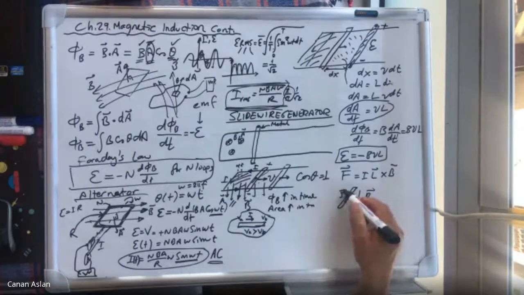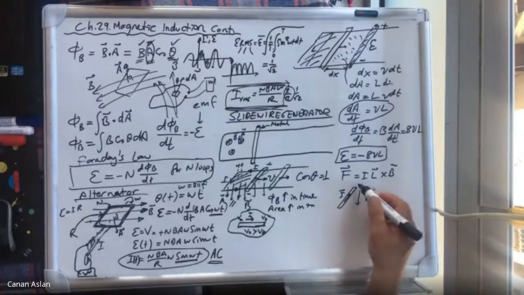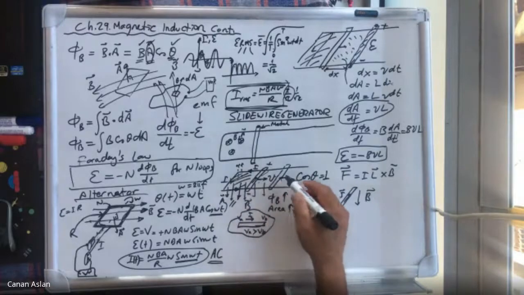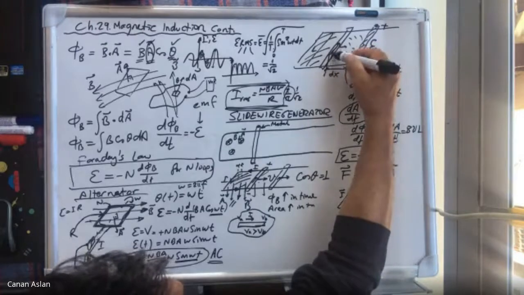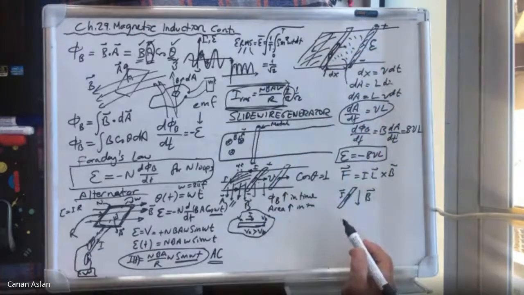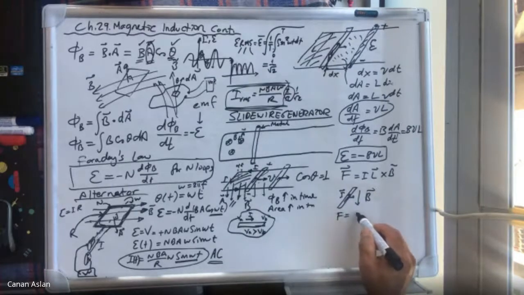Now I has a direction this way and B has a direction, and as you see, they are perpendicular to each other. Why is it so? Because here the current is this way and the magnetic field is that way, and there is 90 degrees between them. That's why the force on the rod, to the right or to the left, is written as F equals I times LB, basically ILB.